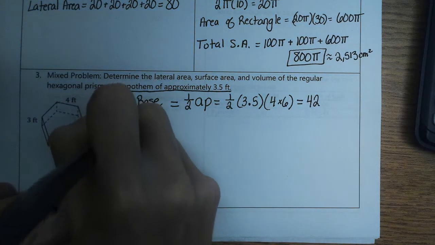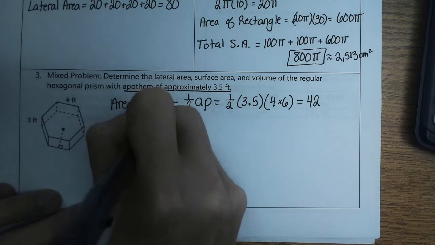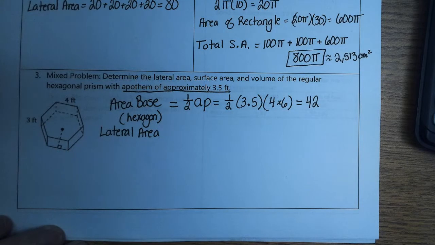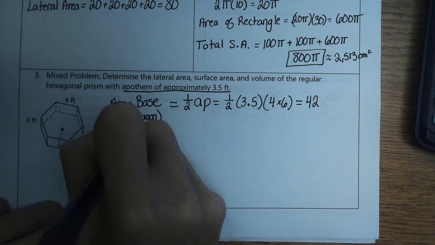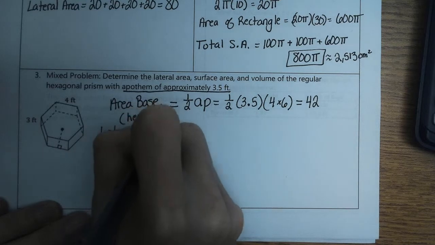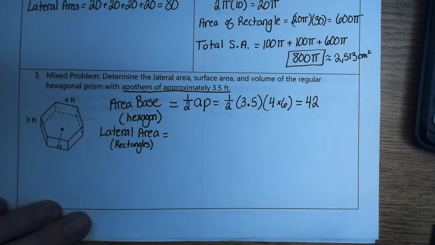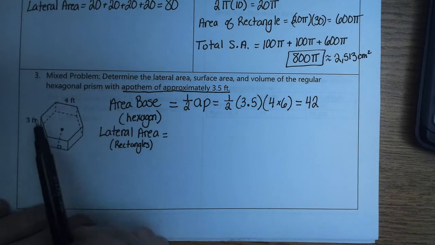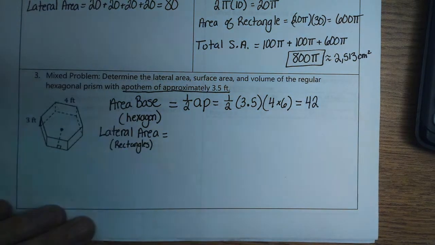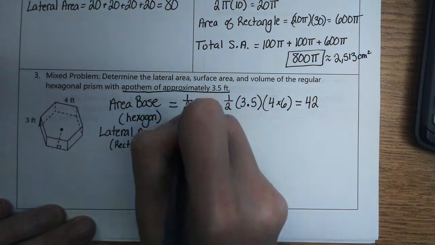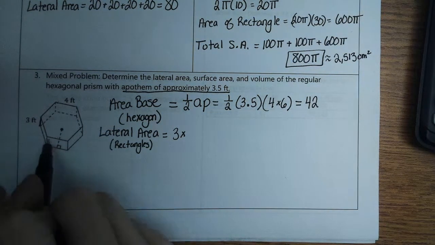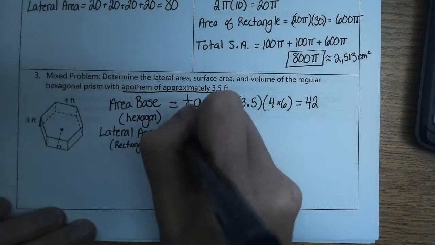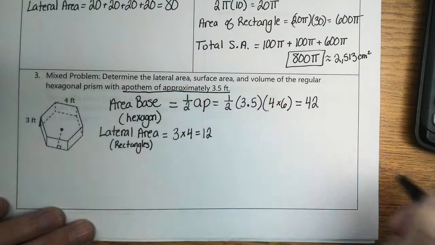The lateral area is all rectangles around the side. So to find a rectangle, I need the length and I need the width. We know it's 3 feet. 3 feet here. That one's 3. So we're going to do 3 times, and then each side is 4. That's 3 by 4, that's 3 by 4, 3 by 4, and so on. So each rectangle is 12.